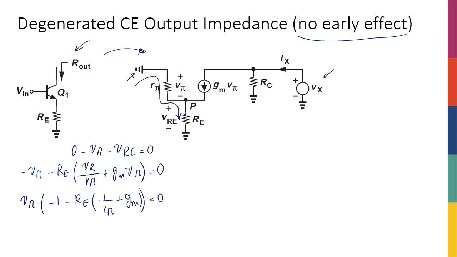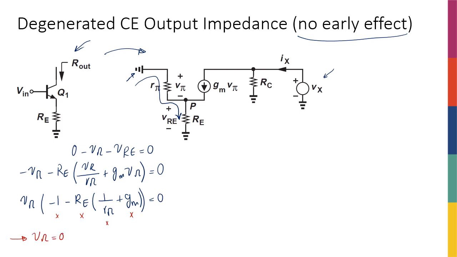What can I say about this? Well, I know that I have a current, so my GM is not going to be 0. My R pi is not going to be 0 because that's beta over GM. RE is a resistance, that's not going to be 0. And 1 is not going to be 0. So this expression tells me that my V pi is 0.